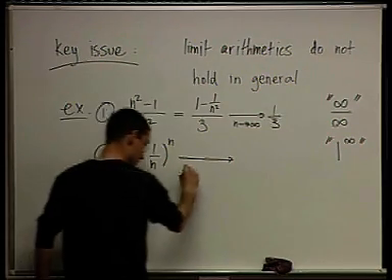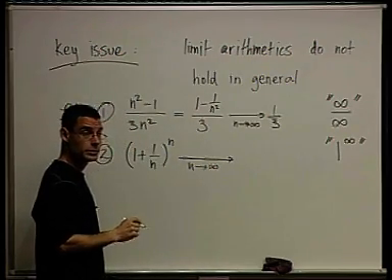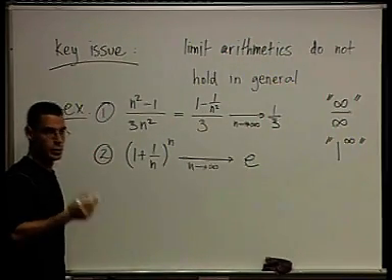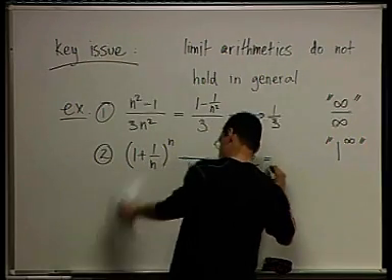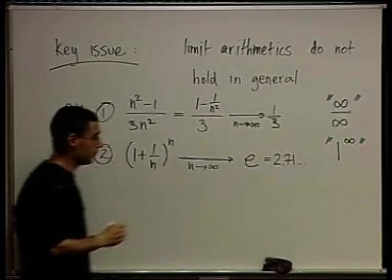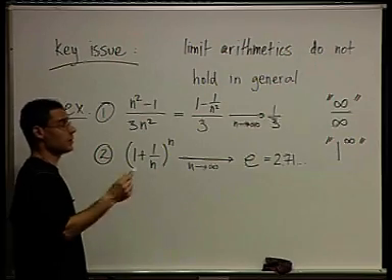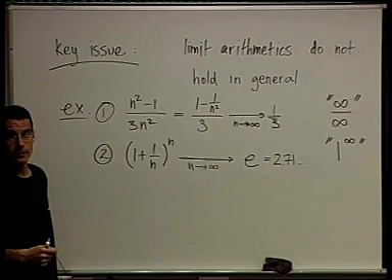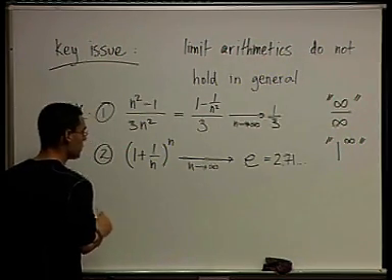But the limit of this thing, does anybody know? E. Right, you're right, is e. E is a number which is 2.71 something. And we're going to discuss this example and argue why it's e later on. So it's not true to say that 1 to the power infinity is just 1. Here's a counterexample. Clear?